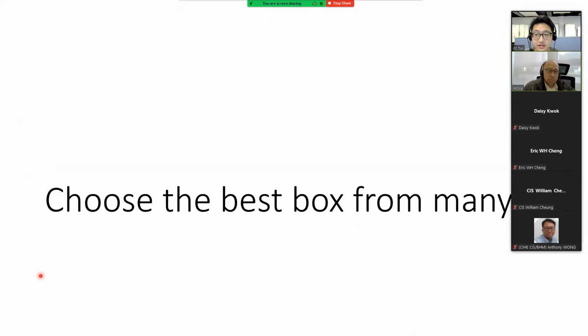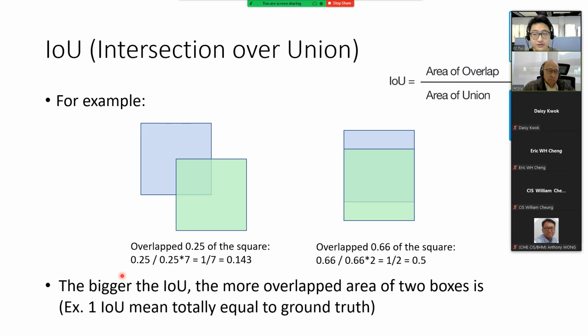So let's talk about how we choose the boxes. We have talked about how we extract the probability and the offset information, but how do we really choose from it? By using the probability we calculated. First of all, let's introduce IOU. IOU, in full, is intersection over union, which means the overlap divided by the union.